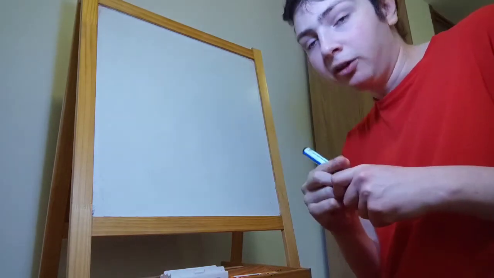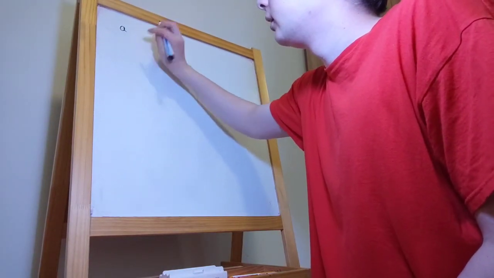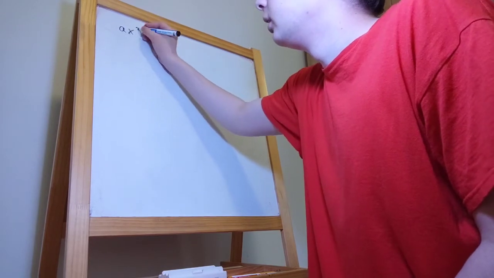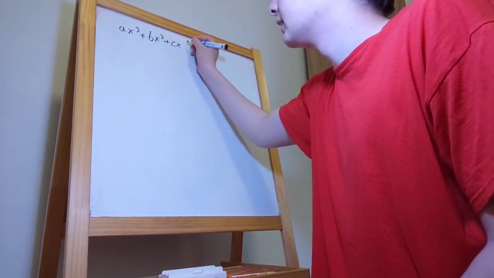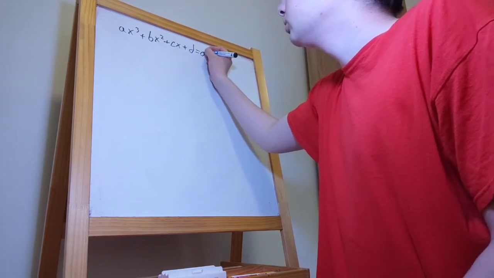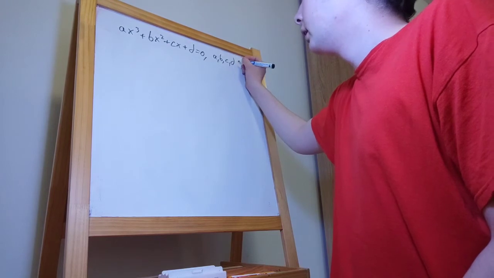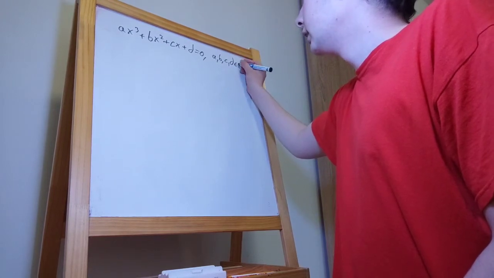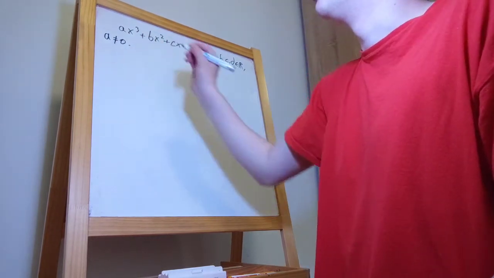And now we have an equation ax cubed plus bx squared plus cx plus d is equal to 0, where a, b, c, d are real numbers and a is different from 0.